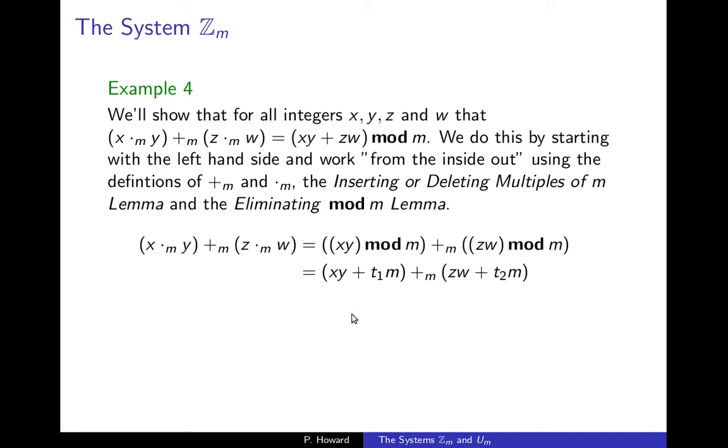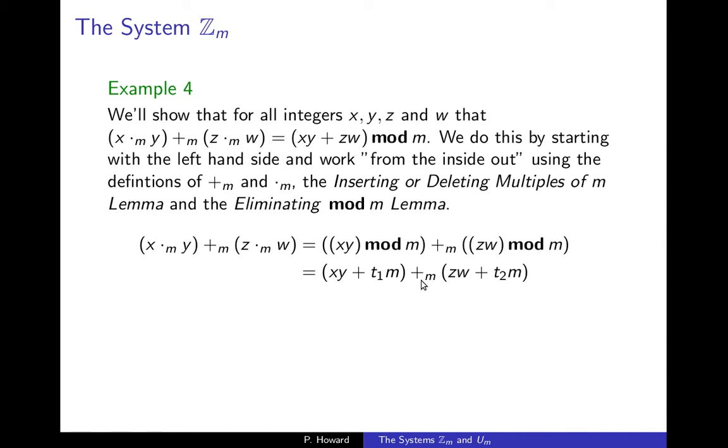And now I am using the eliminating mod m lemma. I know that xy mod m is xy plus t1 times m for some integer t1. And similarly, I know that zw mod m is zw plus t2 times m for some possibly different integer t2.